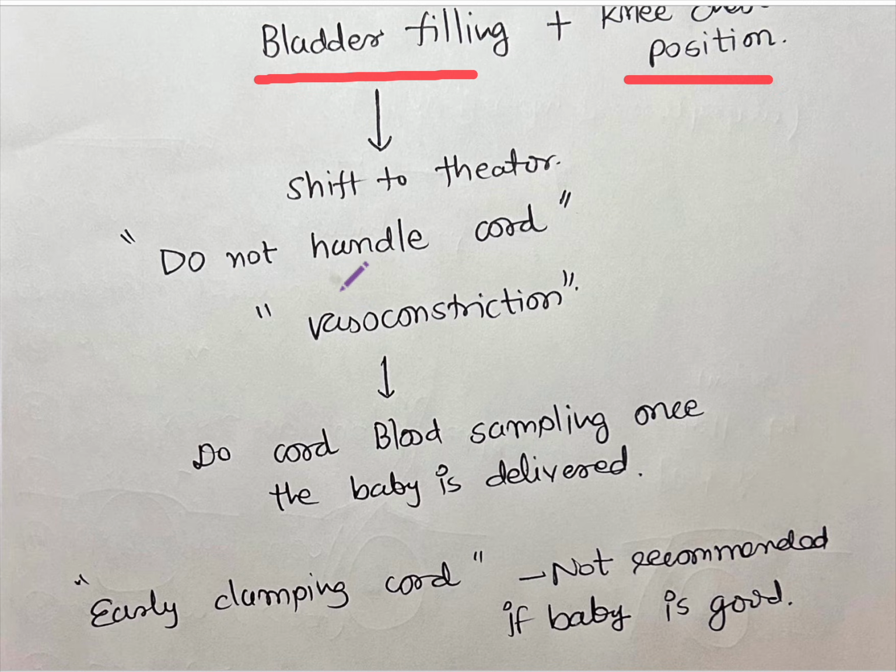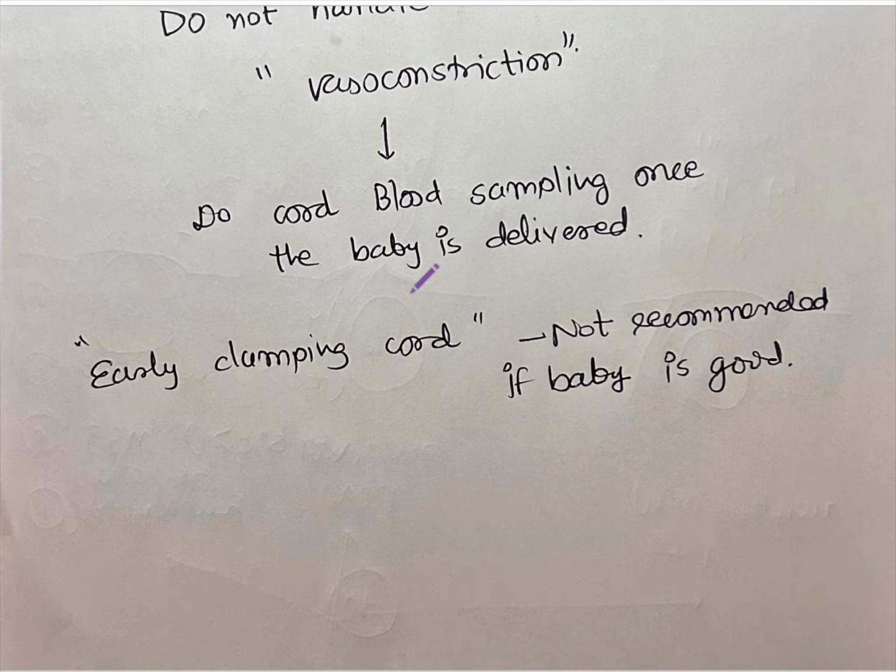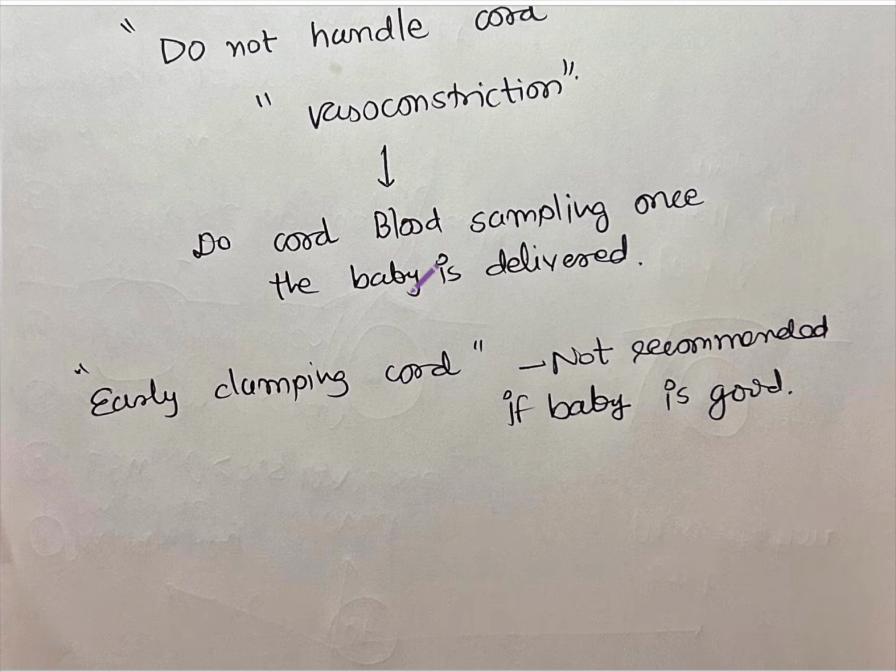Do not handle the cord, which is very important. Do not try to push the cord back inside the uterus, okay, because handling the cord can cause vasoconstriction of the umbilical vessels, which is obviously not good. Now once the baby is delivered, you have to do the cord blood sampling. You have to do double sampling to see the impact of the cord prolapse.